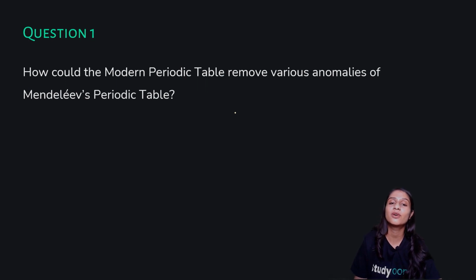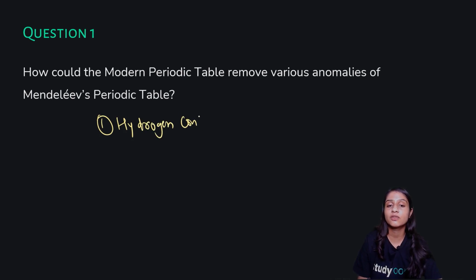How could the modern periodic table remove various anomalies of Mendeleev's periodic table? Because the hydrogen conflict was solved.